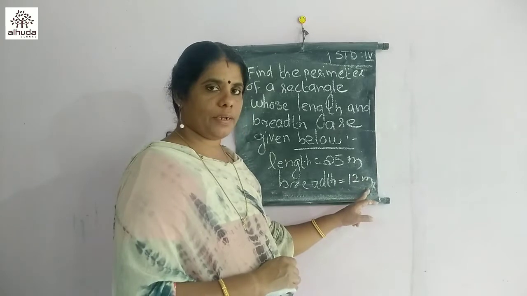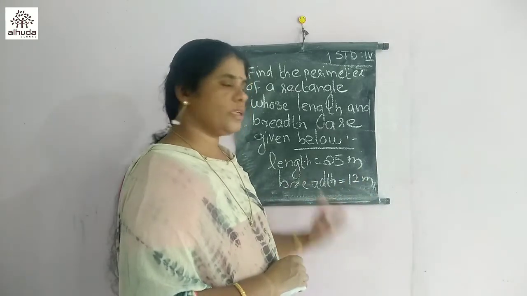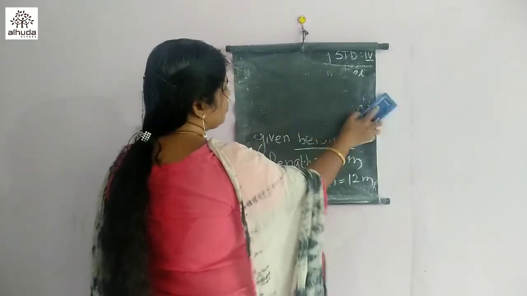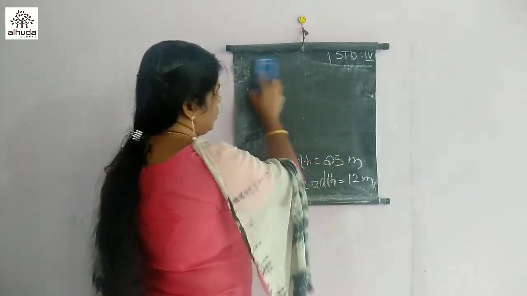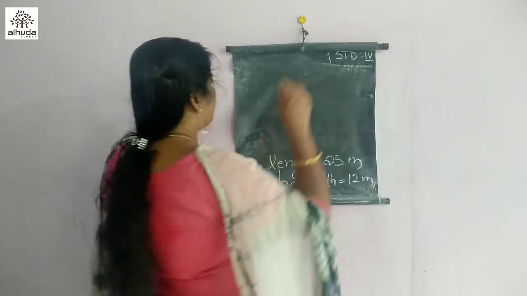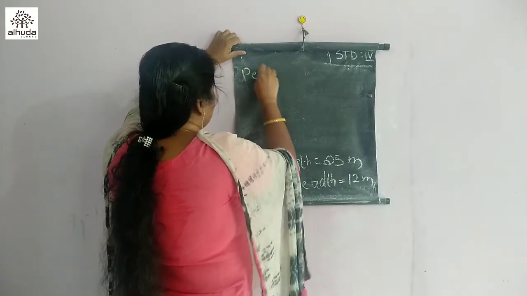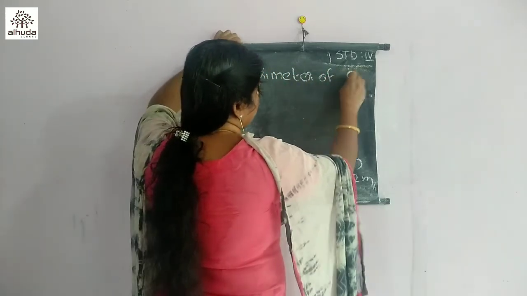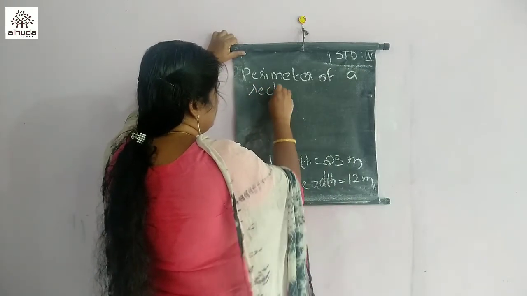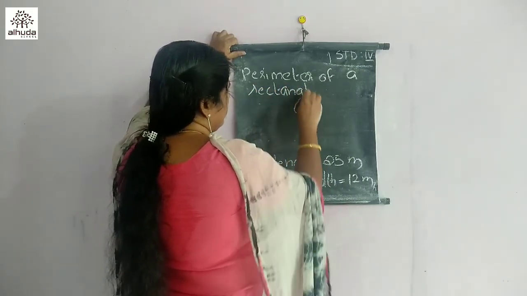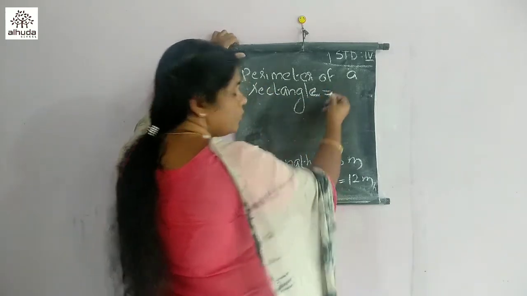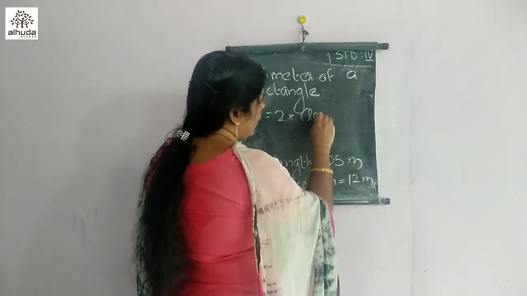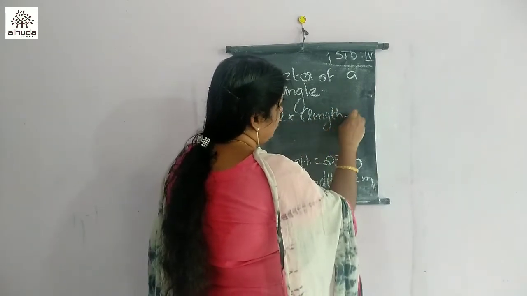Here the unit is given as meter, so your answer also should be in meter. So how will we do this? We should first write the equation. The equation for that is perimeter of a rectangle is equal to 2 into (length plus breadth).